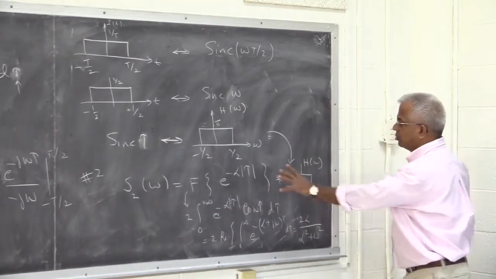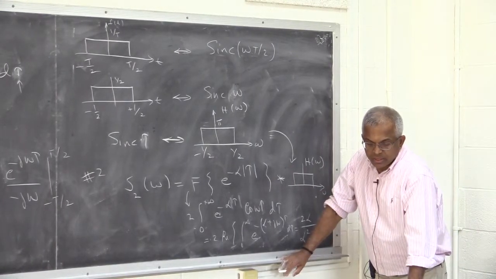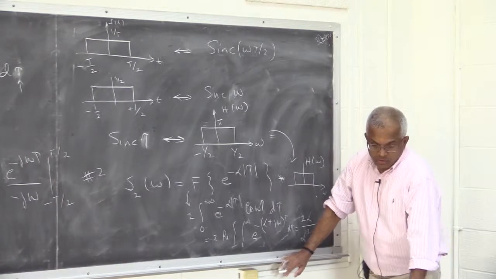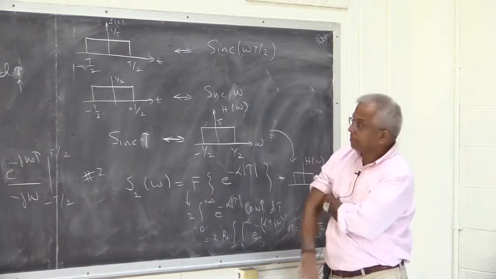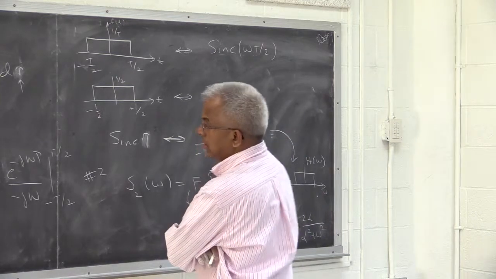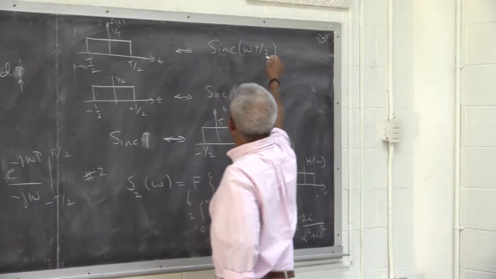So the problem is now to convolve this with the rectangular function. First of all, we have sine of beta t, so we may want to use this result here.